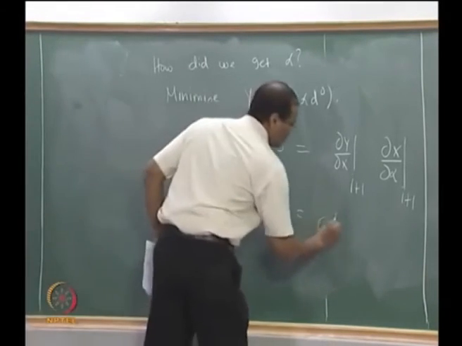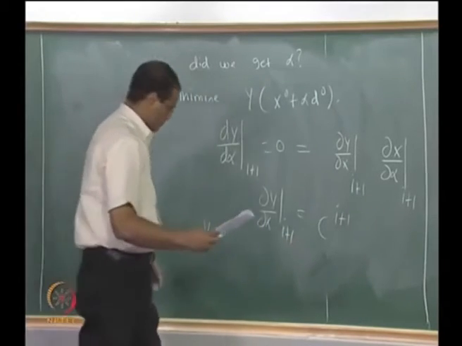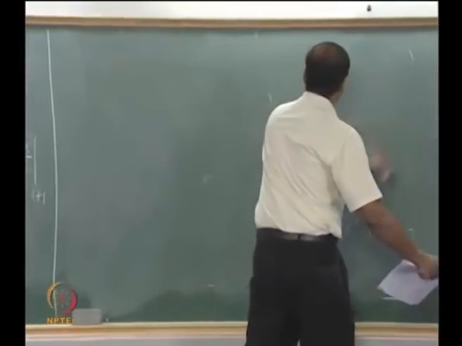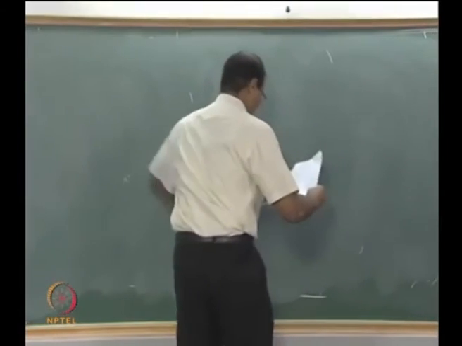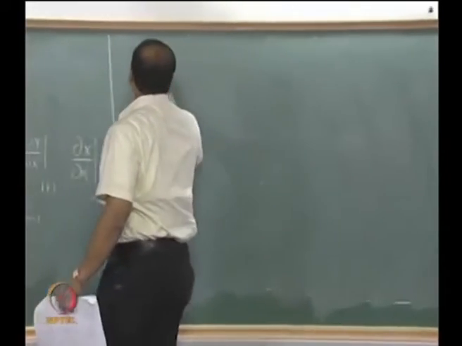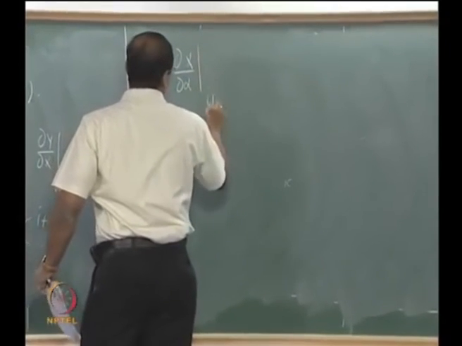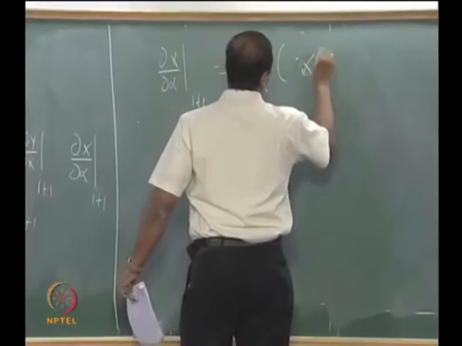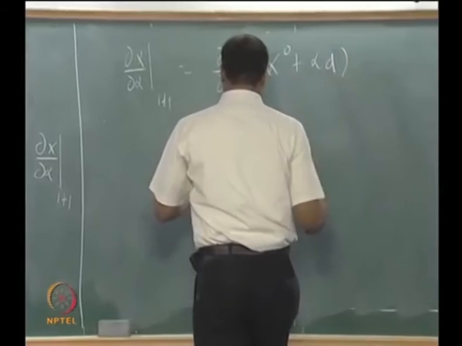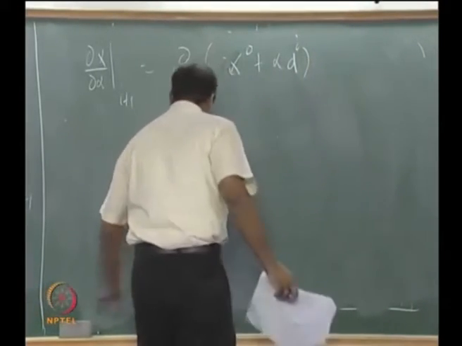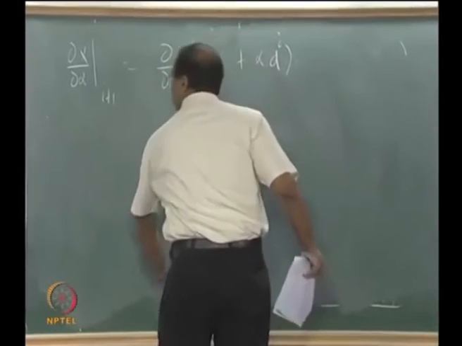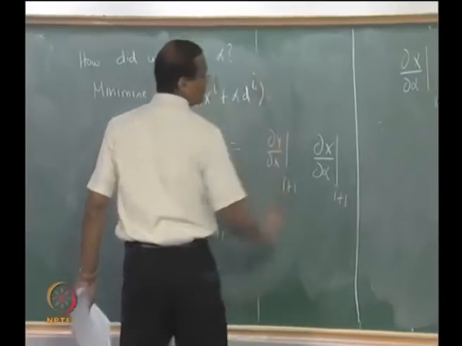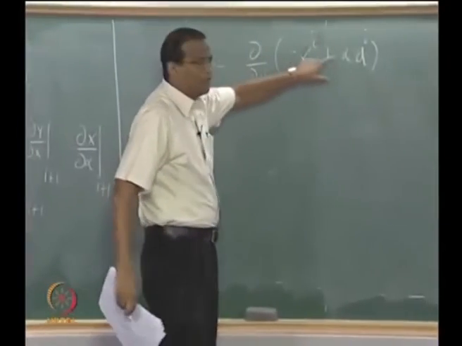C at I plus 1. What is dou X by dou alpha at I plus 1? It is equal to dou by dou alpha of X I plus alpha D I. I can't put 0, I have to put I, for the general notation. So if you take the derivative with respect to alpha, what do you get?